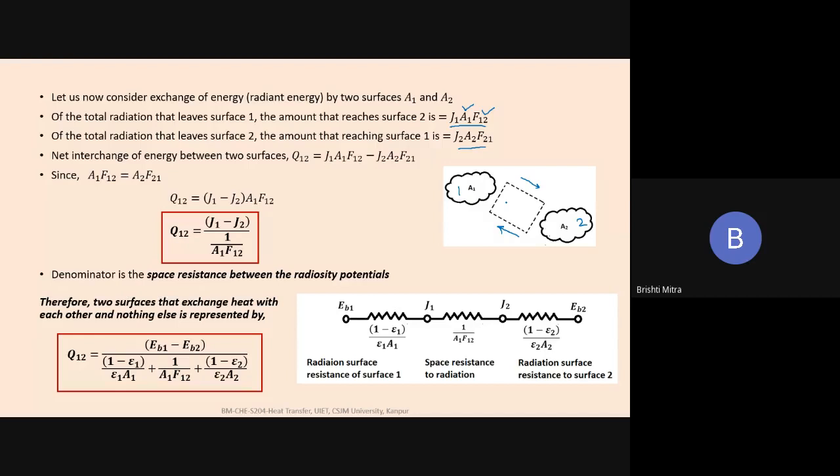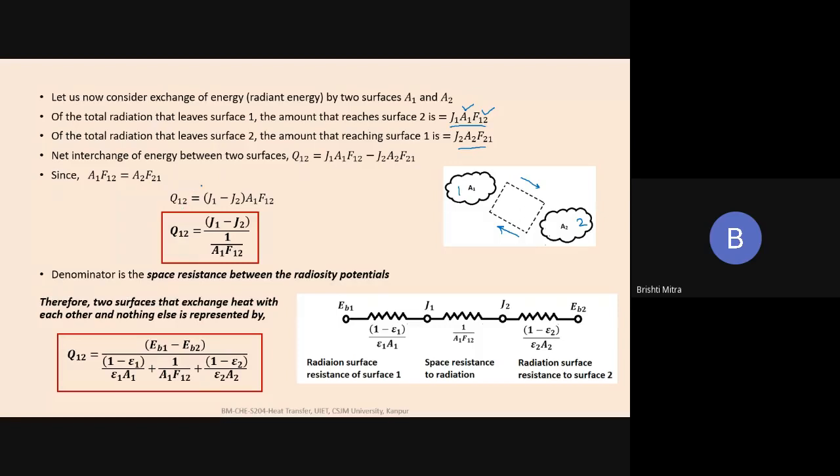The net exchange of energy between two surfaces, Q12, is equal to J1 A1 F12 minus J2 A2 F21: whatever is going in this direction minus whatever is coming back. The principle of reciprocity tells us that A1 F12 is equal to A2 F21.